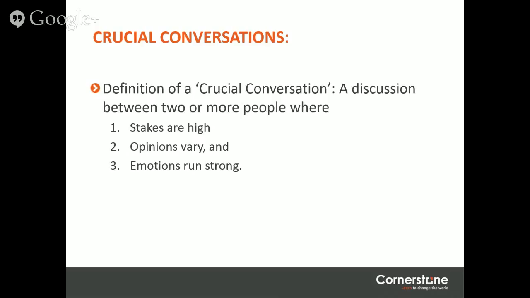Whether you're talking to a boss or a family member, emotions run strong, stakes are high, opinions vary. Unfortunately, we don't always respond to these crucial conversations in positive or successful ways.